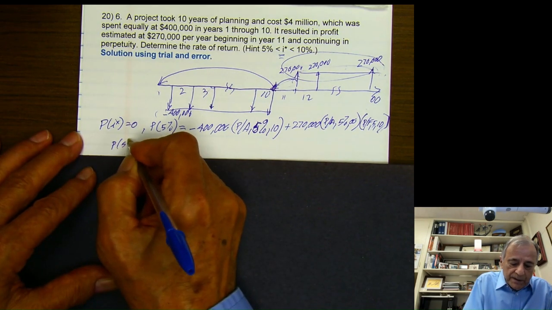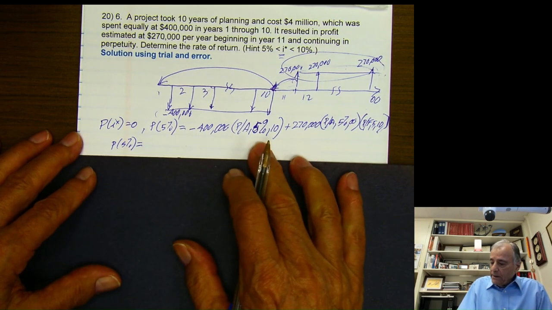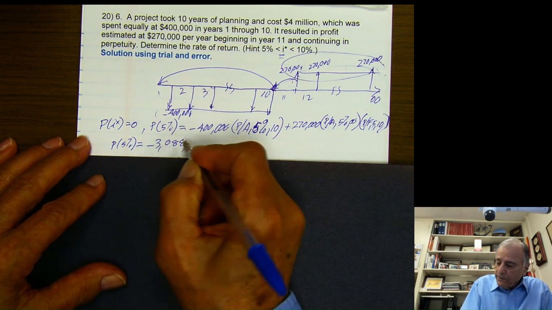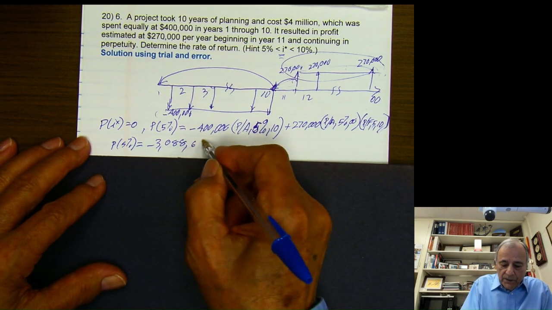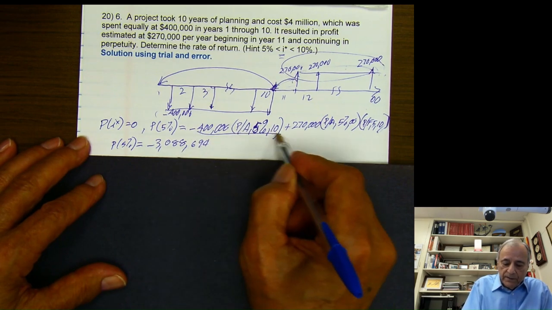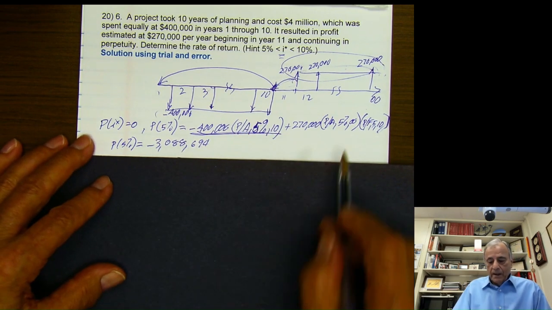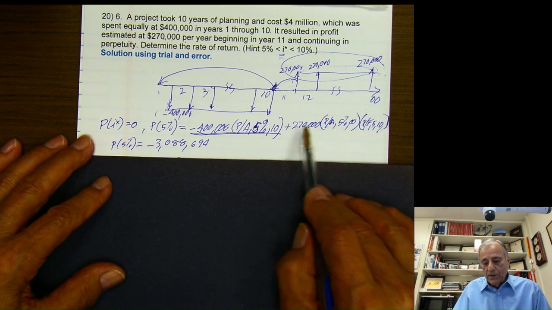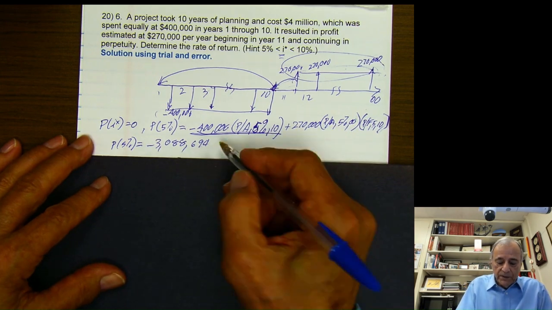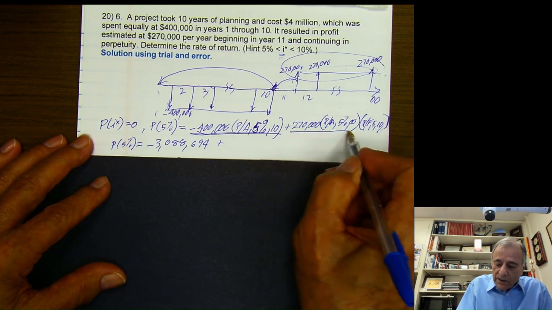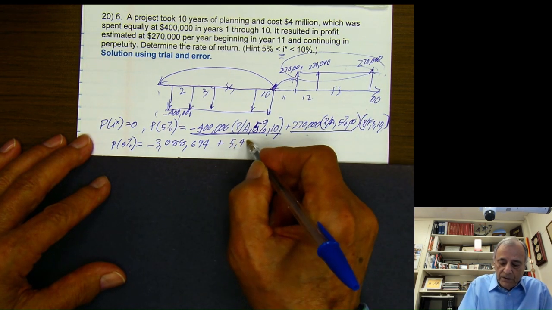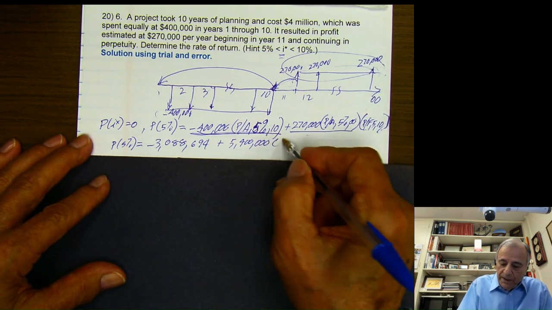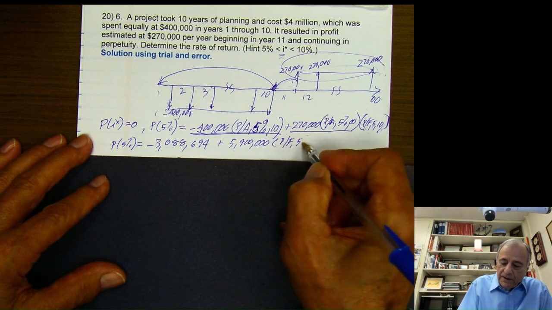P at 5% is equal to, and I get this number, which is minus 3,088,694. That's this value here. This divided by 0.05 is going to be 5,400,000. That's this quantity, 5,400,000. And then I multiply that by this, which is P given F, 5% for 10 years.